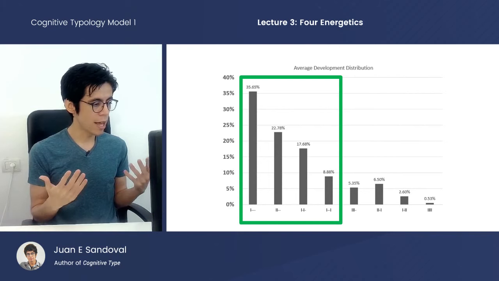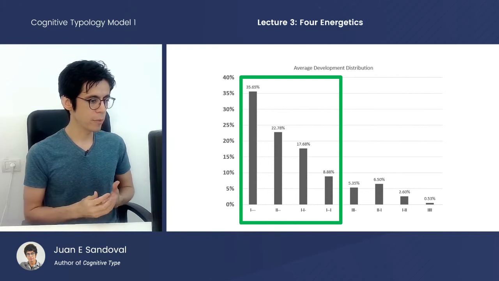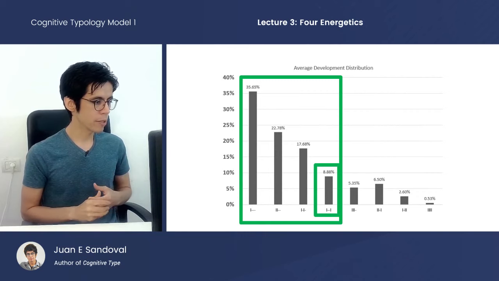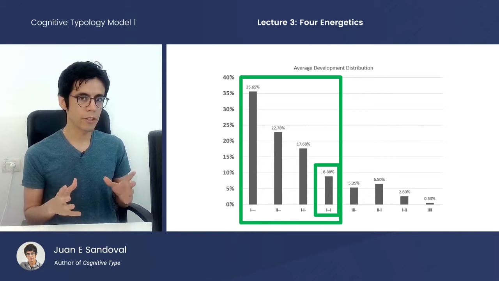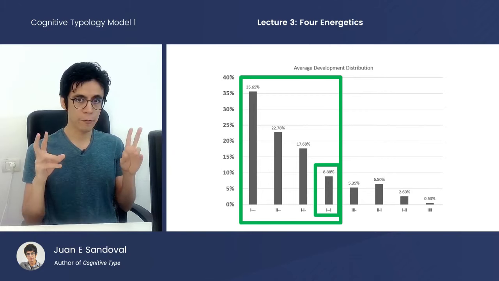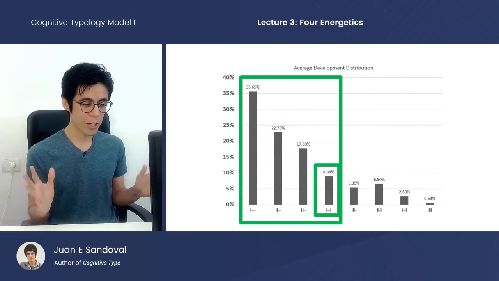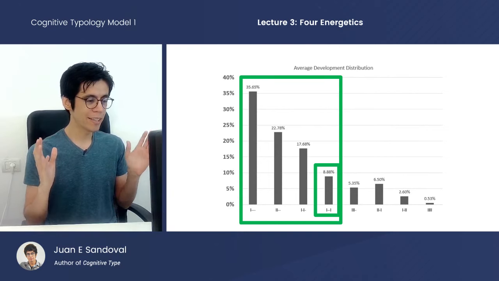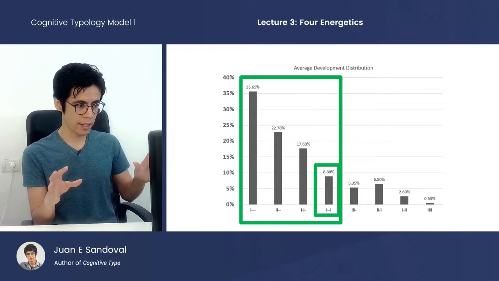And what we see is that, yes, of the 4 core function developments, the 4th function appears to be the most difficult to bring into consciousness across all 4 energetics. So the theorized 4th function actually is in 4th place according to this graph. Now, this is incredible to me because this could have been anything. This graph could have been anything.